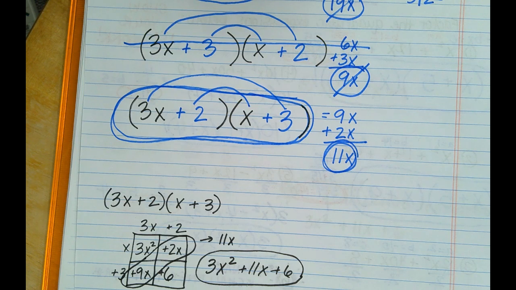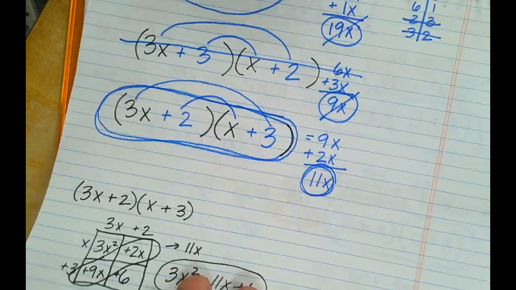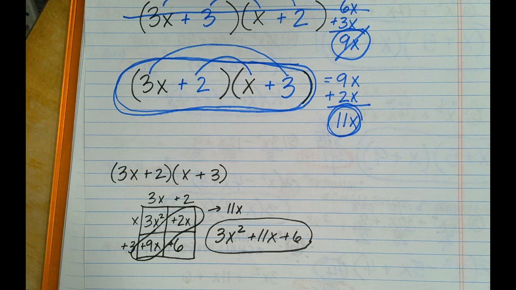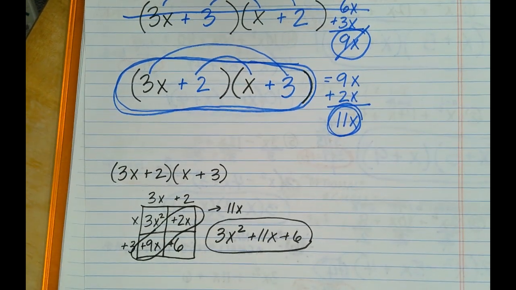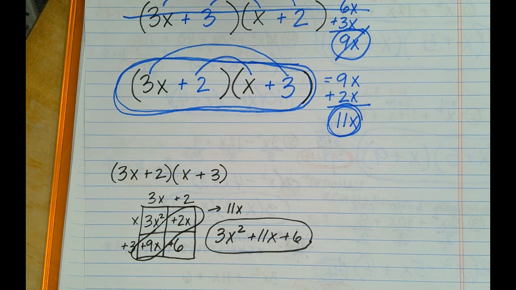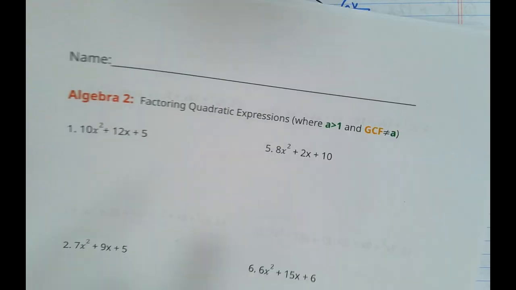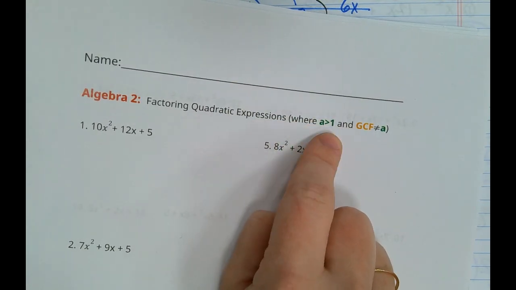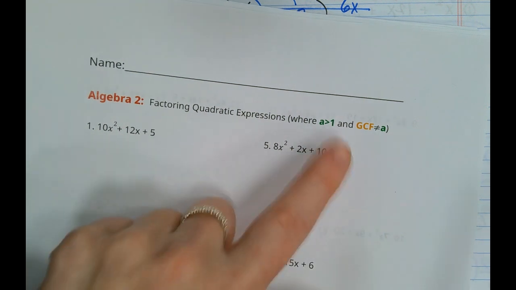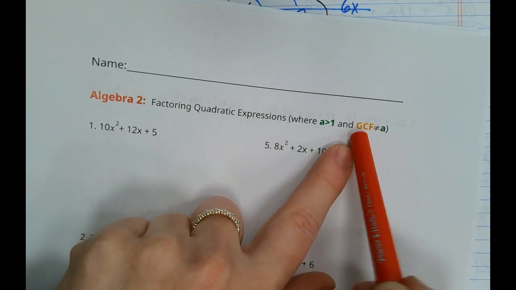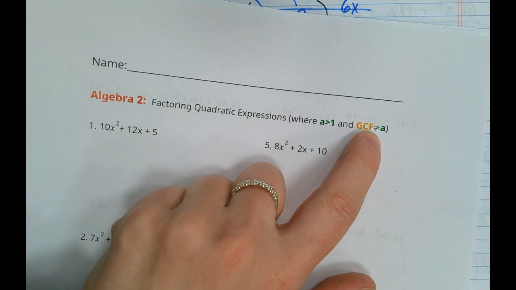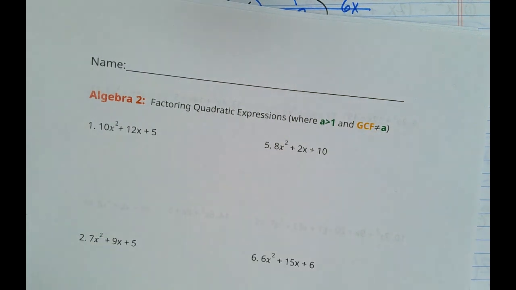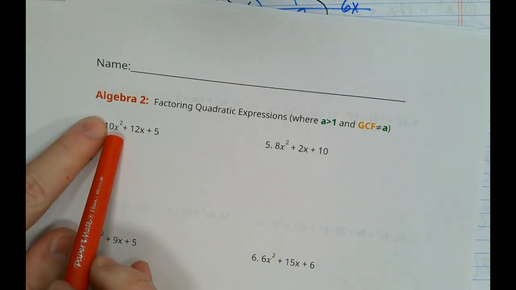Okay? So here's what we're going to do next. I'll leave this up here for a second in case anyone's looking at it. I have made worksheets. Lots of practice problems, guys. A big worksheet where all of the problems have A that is bigger than 1, and there is not a greatest common factor that is A. When I say that, I mean we can't divide by a number to get this down to x squared.